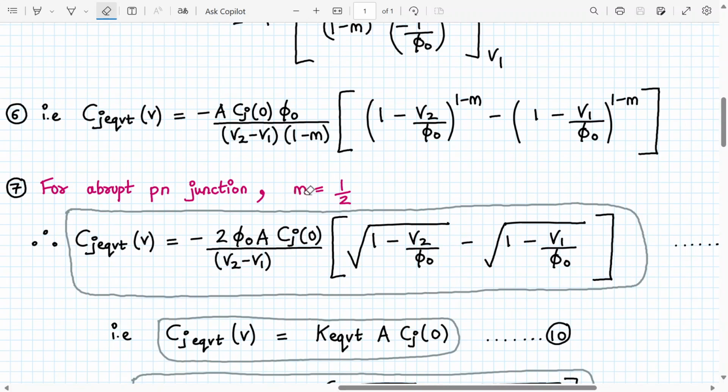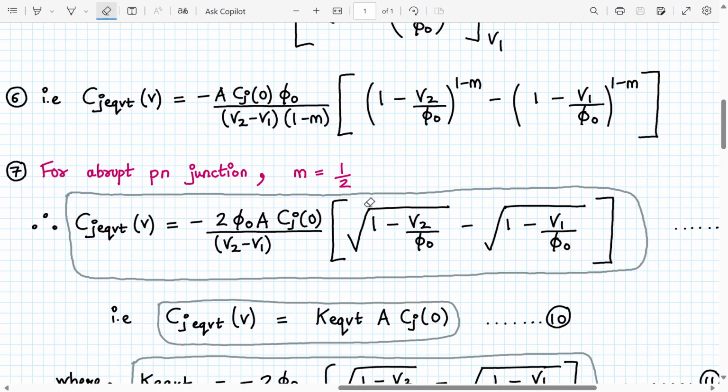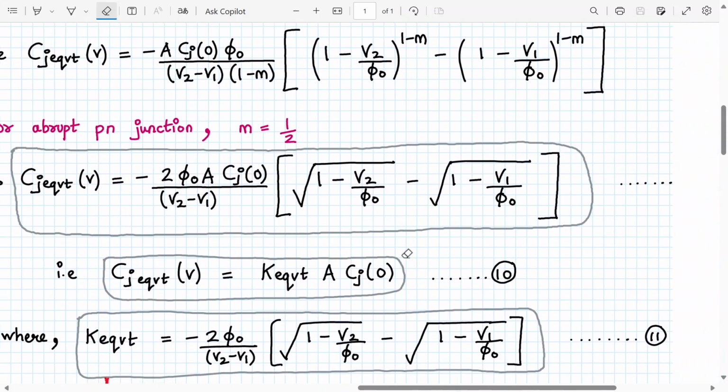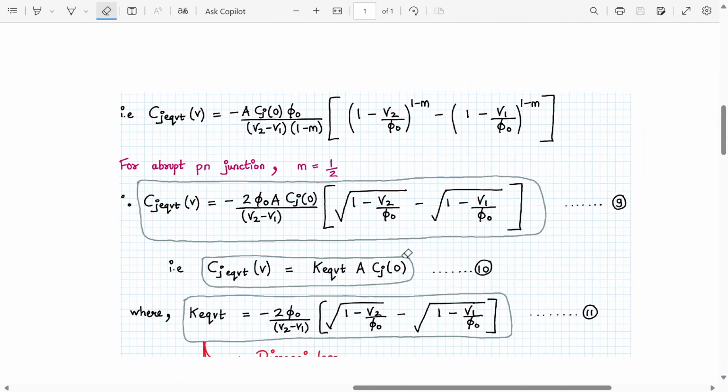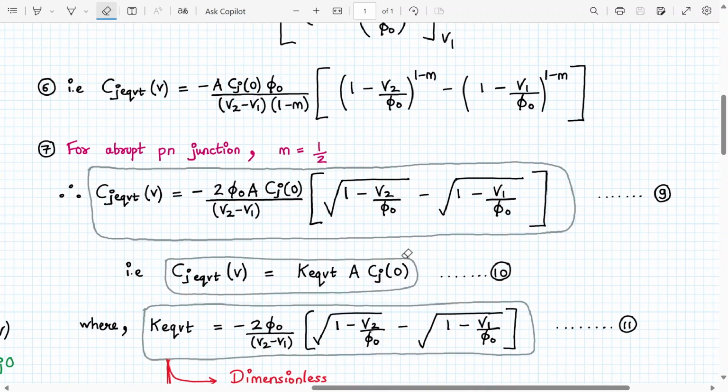And for an abrupt PN junction we substitute m as half. So we get the value of Cj equivalent of V as minus twice phi naught A Cj0 over V2 minus V1, times square root terms, because m becomes half, so 1 minus half is half, and here again it is 1 minus half, so half means square root. So we have to write down these terms. Be ready to write it down.